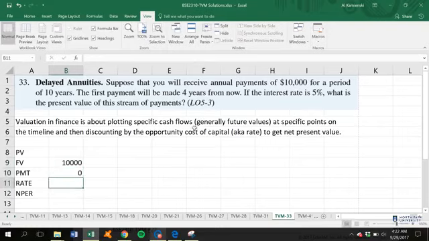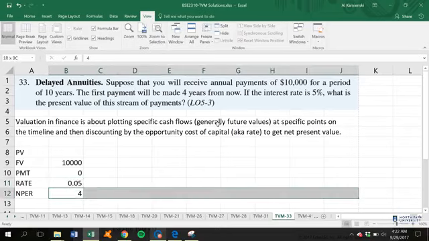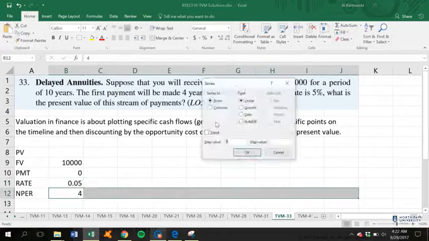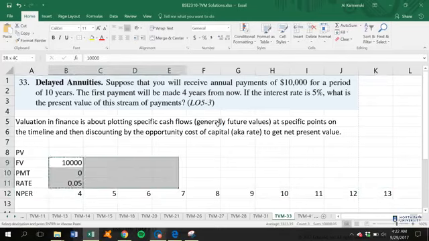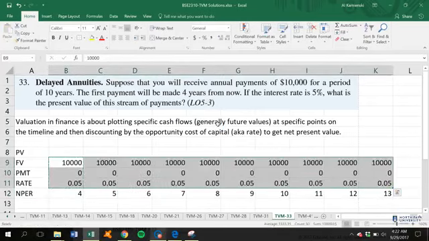We're going to treat them instead as specific future values at a rate of 5%. And the first one's going to come 4 periods away. And we are going to receive them through the end of the 13th period, which should be 10 total different payments. So let's go ahead and copy and paste these things all the way across.